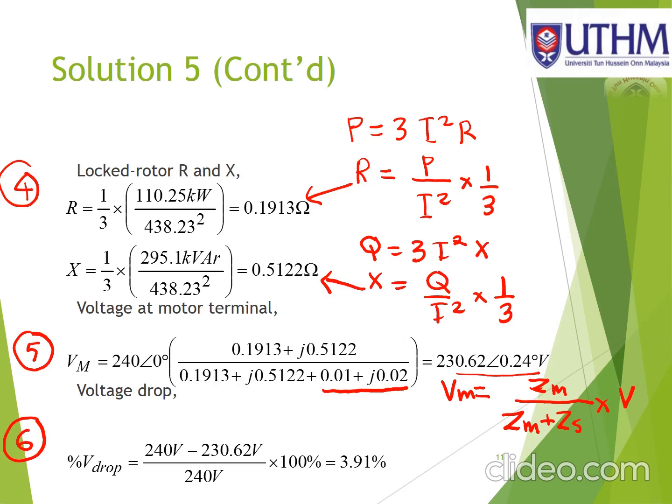Sorry, for voltage drop we have to subtract: V system minus Vm, and then divide by V system times 100, and we get the value of the voltage drop.